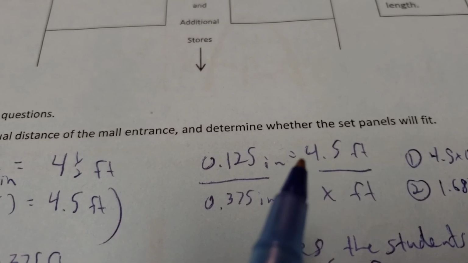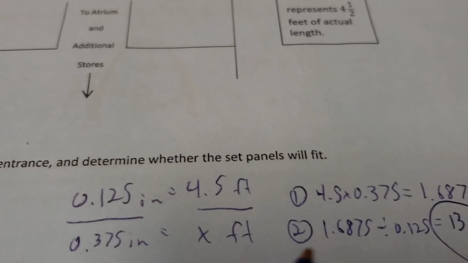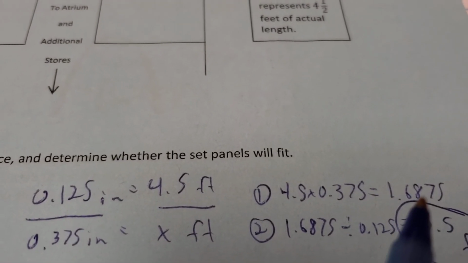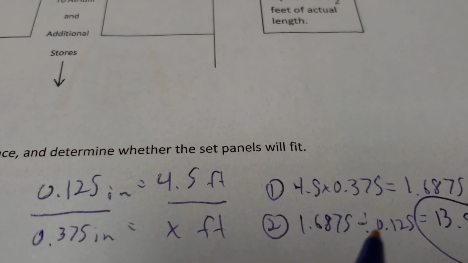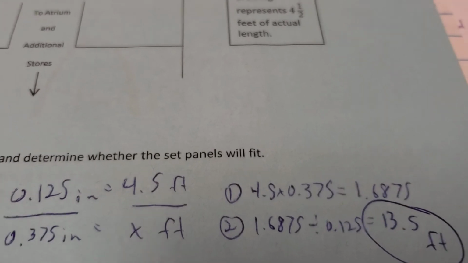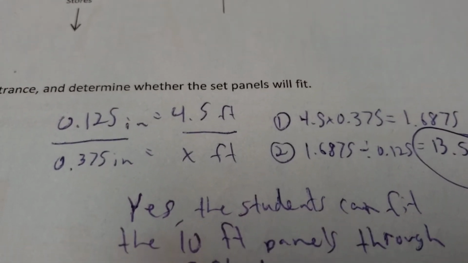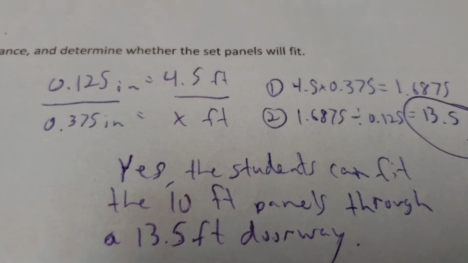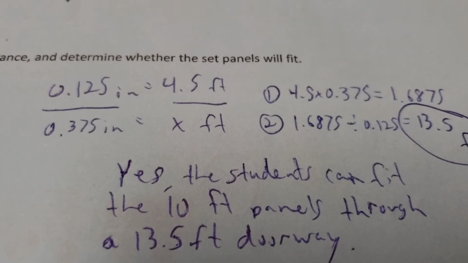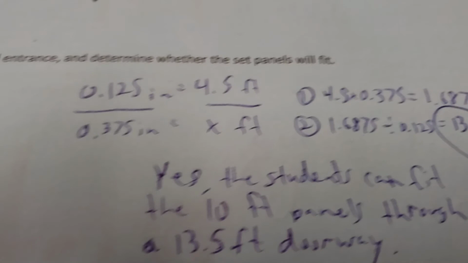Well, cross multiply 4.5 times 0.375, you get 1.6875. Divide it by your leftover number of 0.125, and you get 13.5 feet across. So the panels were 10 feet across, so yes, those students can fit the 10-foot panels through a 13.5-foot doorway.